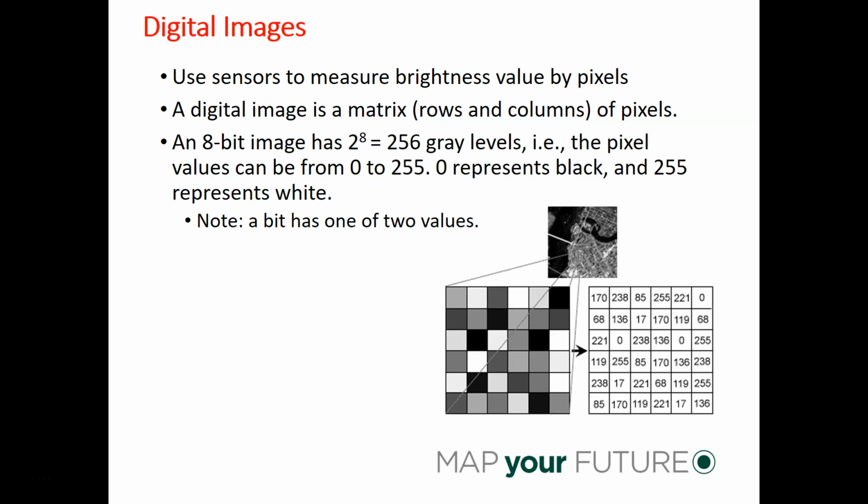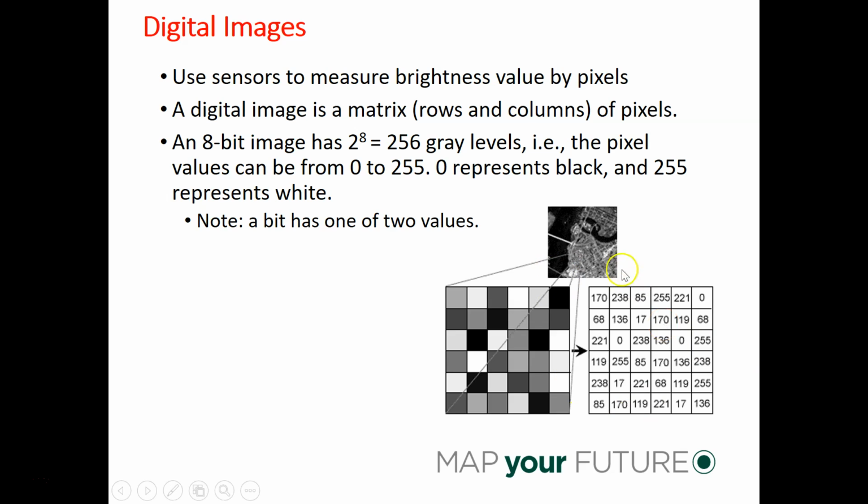That gives you 256 levels of gray, from black, which is represented by value 0, to white, which is represented by value 255. I'm going to show you later on another video which is going to talk much more about bits and bytes and how they relate to photography. This is just an overview.